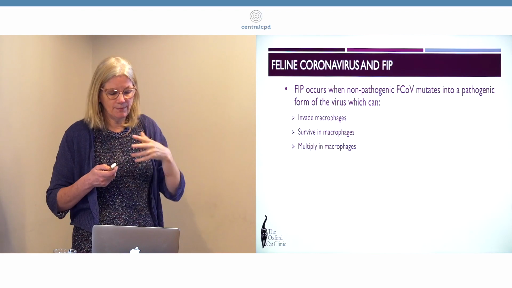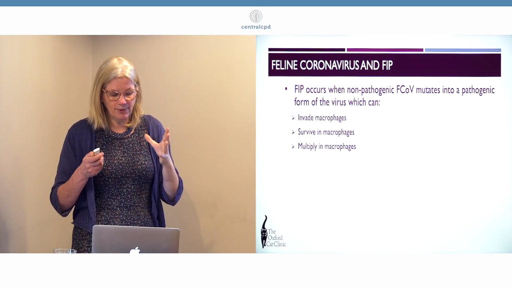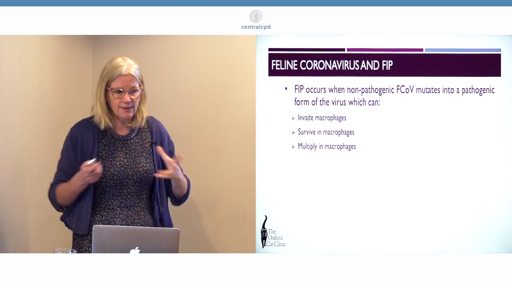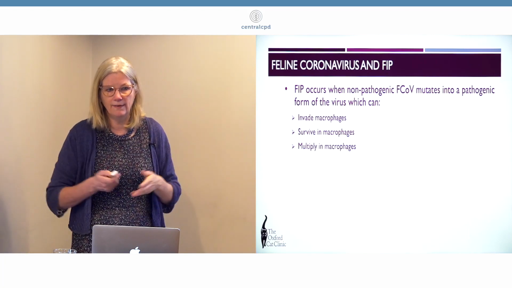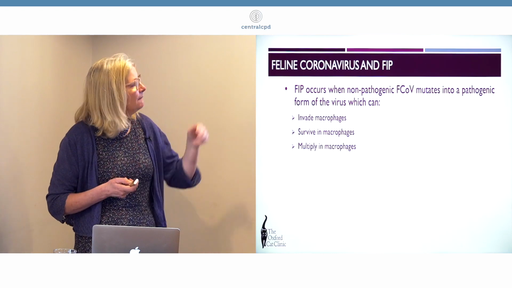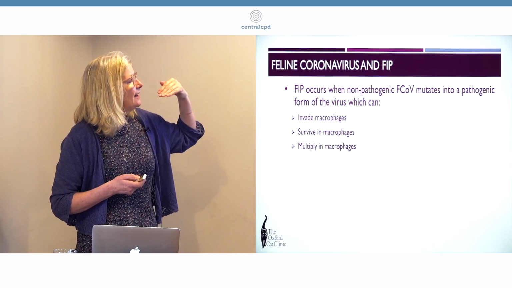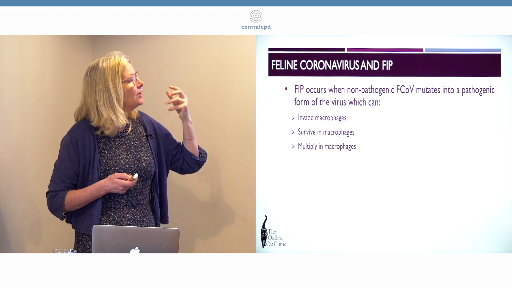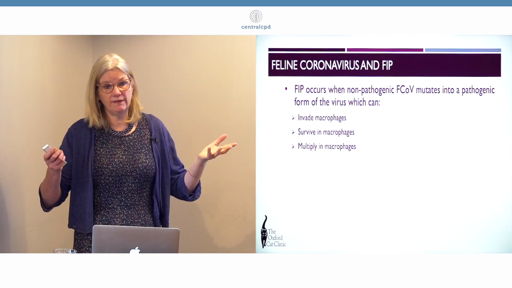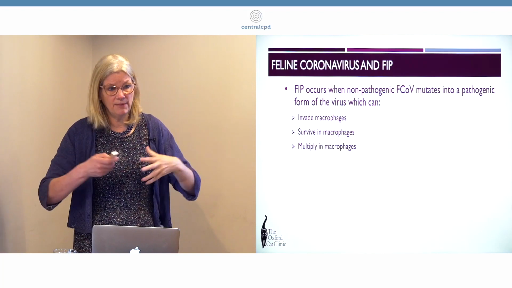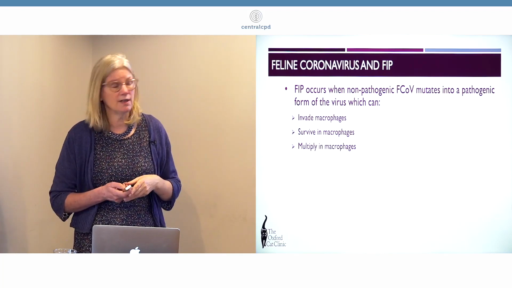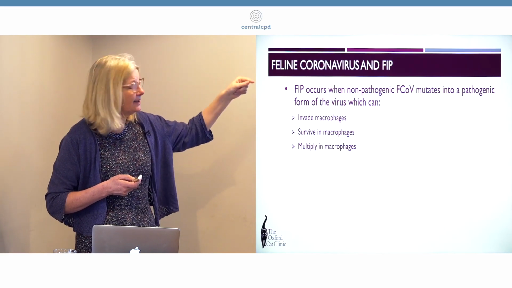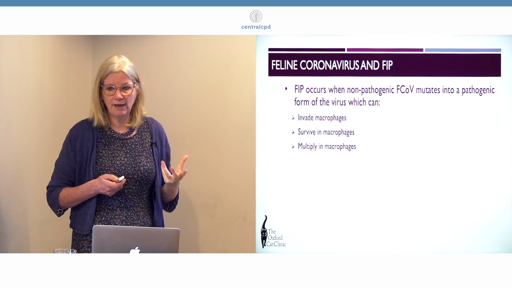It's not as simple as getting a mutation that allows the coronavirus into the systemic circulation and then the rest is inevitable. The mutation needs to allow the virus to get into macrophages, but also to survive in macrophages, because obviously macrophages are designed to kill viruses. So many times when the virus gets in, the macrophage just does its job. So it needs to be a mutation that allows it to survive in macrophages and critically to multiply in macrophages.